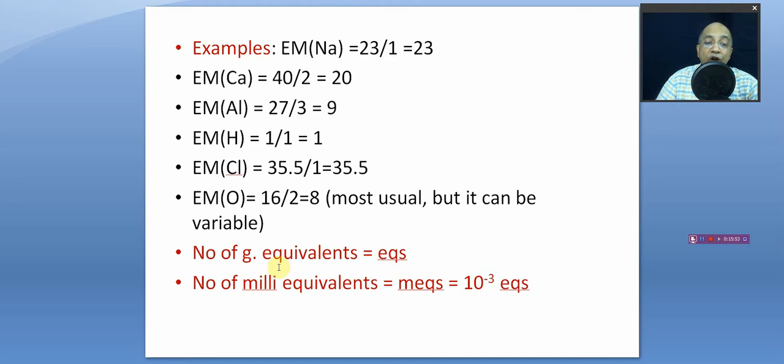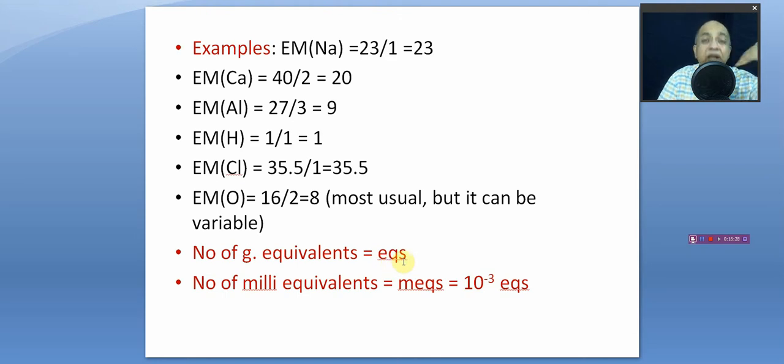So number of gram equivalents: just like we have moles and we have a short notation MOL, similarly, the number of equivalents, we can call it gram equivalents or simply equivalents, and the short notation is EQ, and if it is plural, EQS. Equivalents is a long word, so we shorten this to EQ, and the plural is EQS.